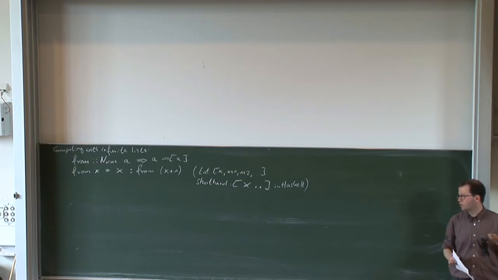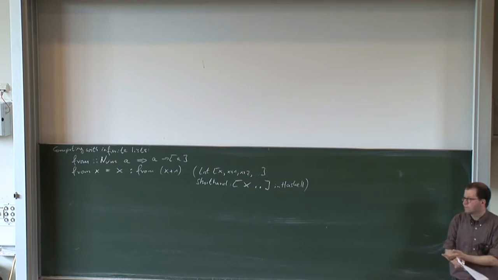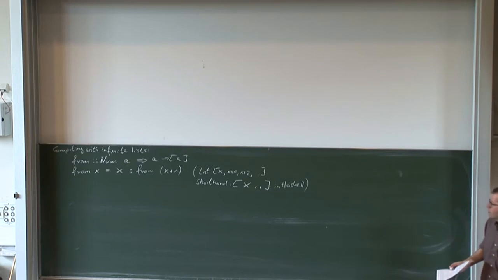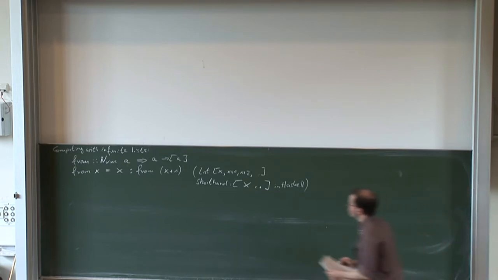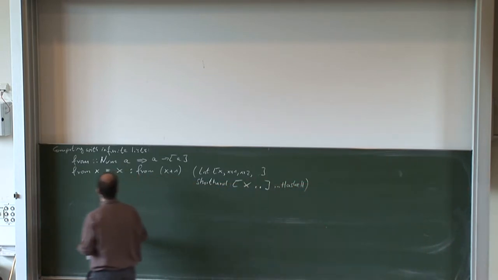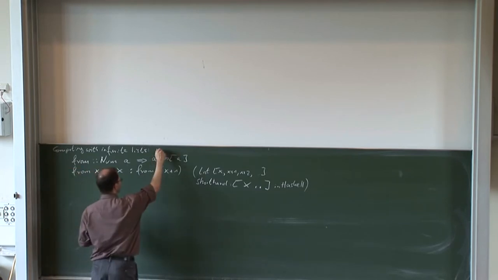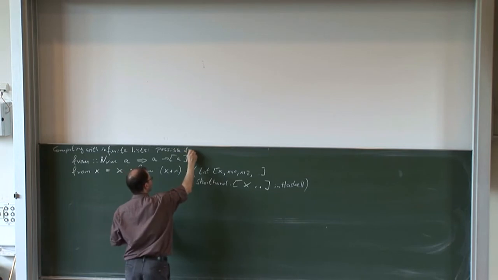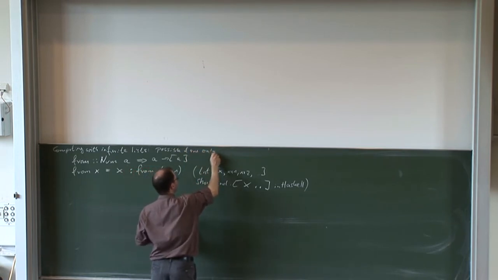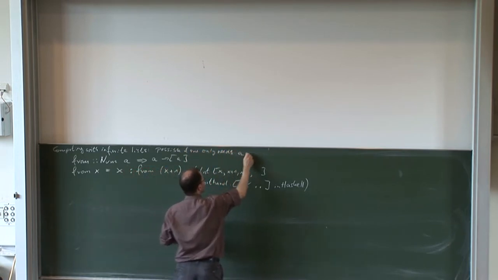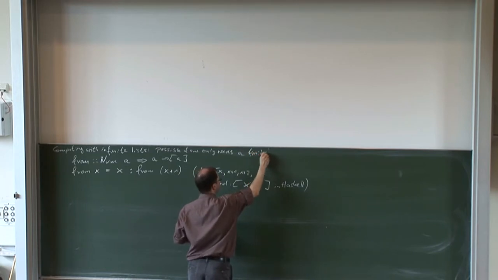So, if you do some computation where you need just a finite part of such an infinite list, you probably don't know how big this part is, but you know that it's just finite, then this can make sense. So computing with infinite lists is possible if one only needs a finite part of the list for the computation.